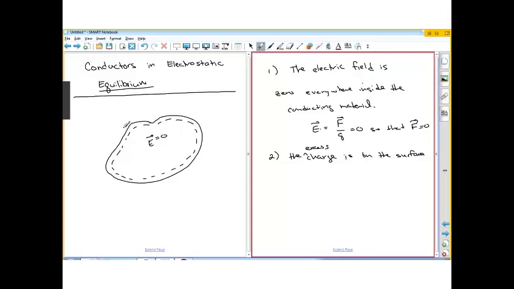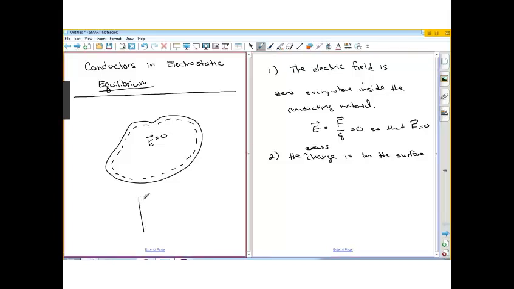So they just try to move as far apart from each other as possible, which ends up being the surface. It's like if you were in a room like this, and people are mingling around, and then they start saying, oh, that person kind of smells. I'm going to move away from them. So they move away, and they say, oh, that's a little bit better, so they keep moving. They hit the walls, and that's as far as they can go. So everybody moved to the walls.